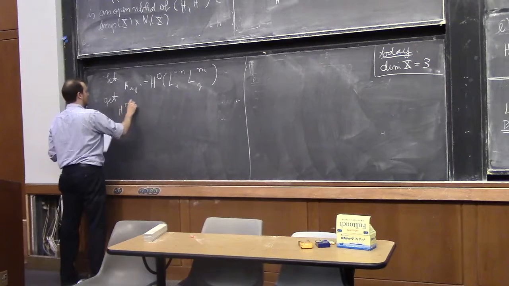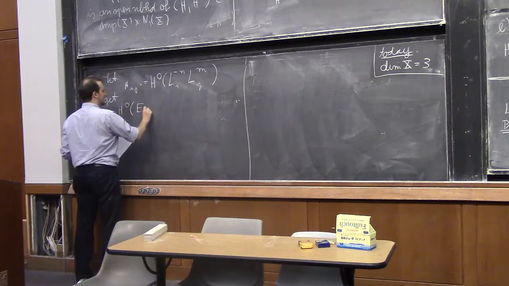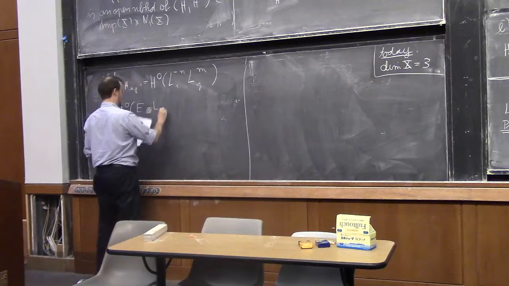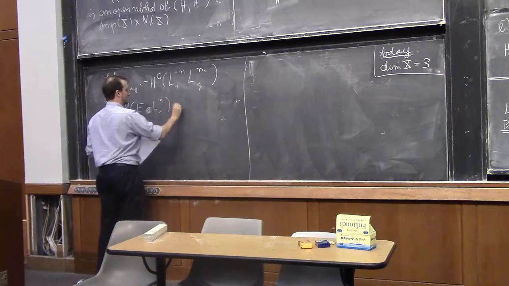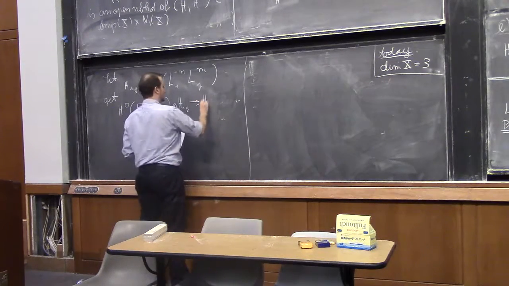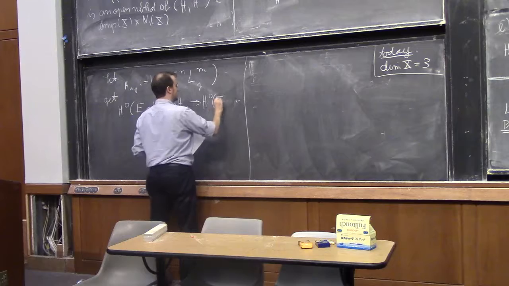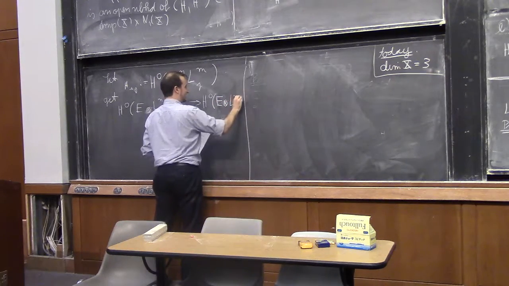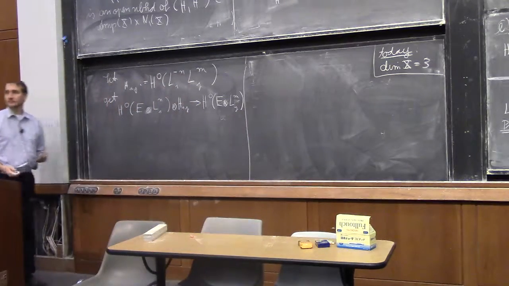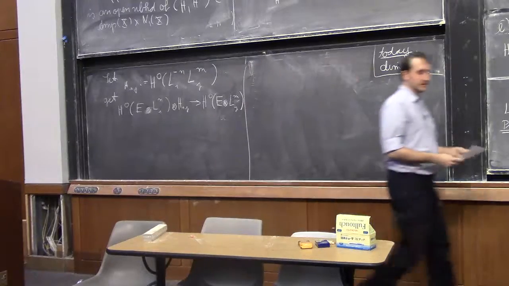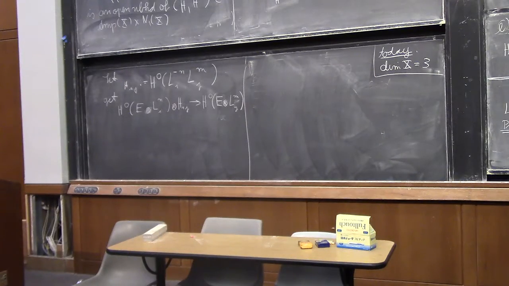So I can do H⁰(E ⊗ L_i^n) ⊗ H_ij, and this will map, using multiplication, to H⁰(E ⊗ L_j^n). So what have I done? Using regularity and boundedness, out of a single sheaf, I've produced tons of linear algebra data.